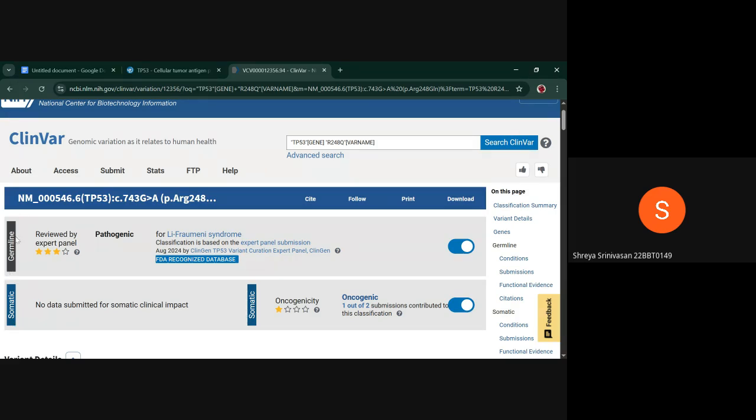Now under the germline, it has been reviewed by an expert panel to say that yes, this particular mutation is pathogenic. So whatever mutation we saw here, they have classified it as pathogenic and it has been FDA recognized. So it has been confirmed that this particular mutation is going to be pathogenic.